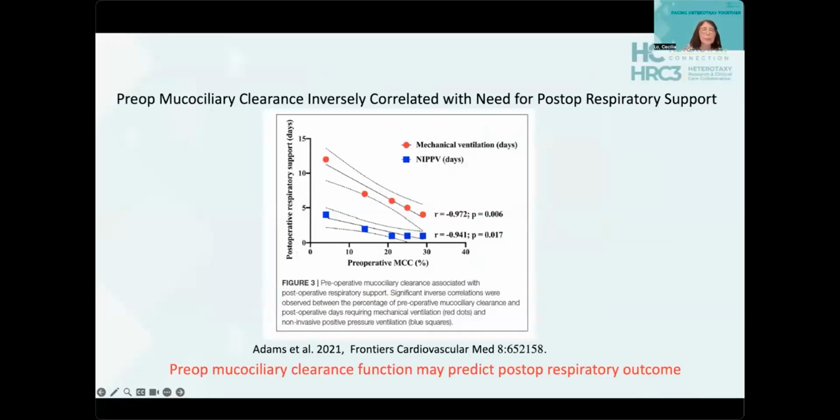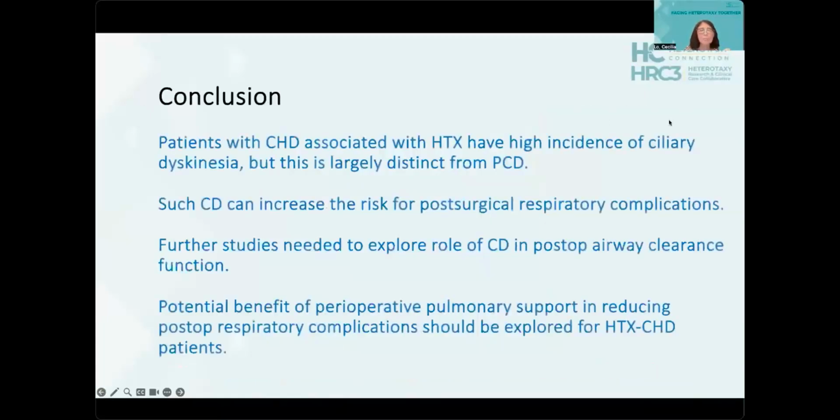And so this really supports the notion that pre-op mucociliary clearance function indeed plays an important role in predicting post-op respiratory outcome. And that in fact, this pre-op mucociliary clearance indeed is related to the post-op respiratory outcome.